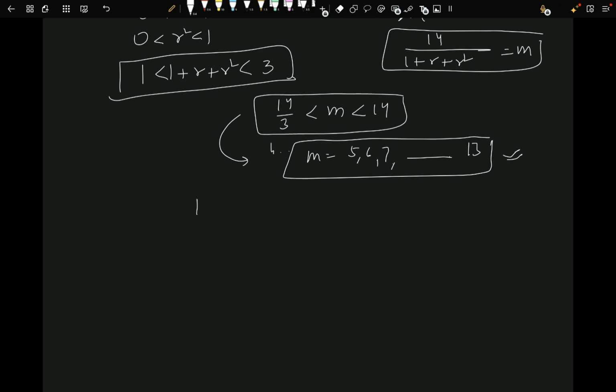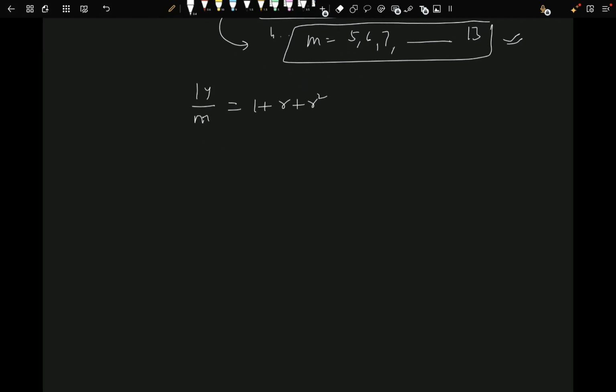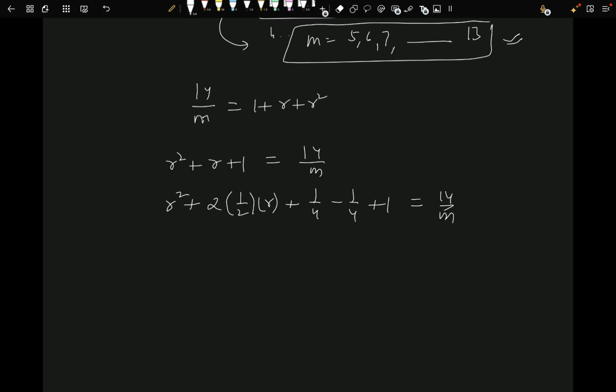What else can we do? 14 upon m is equal to 1 plus r square. Let's make this a perfect square. R square plus r plus 1 is 14 upon m. R square plus 2 times of half of r plus 1 by 2 whole square is 1 by 4 is equal to 14 upon m.